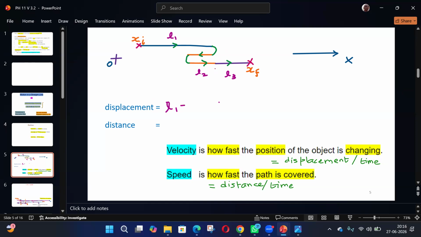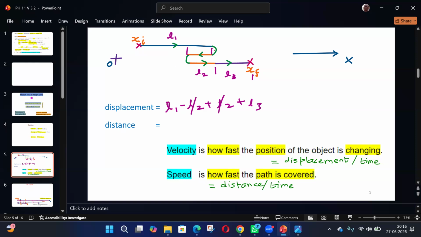Actually, L3 is from here to here. So L1 plus L3. L2 is not 0, L2 is from here to here.